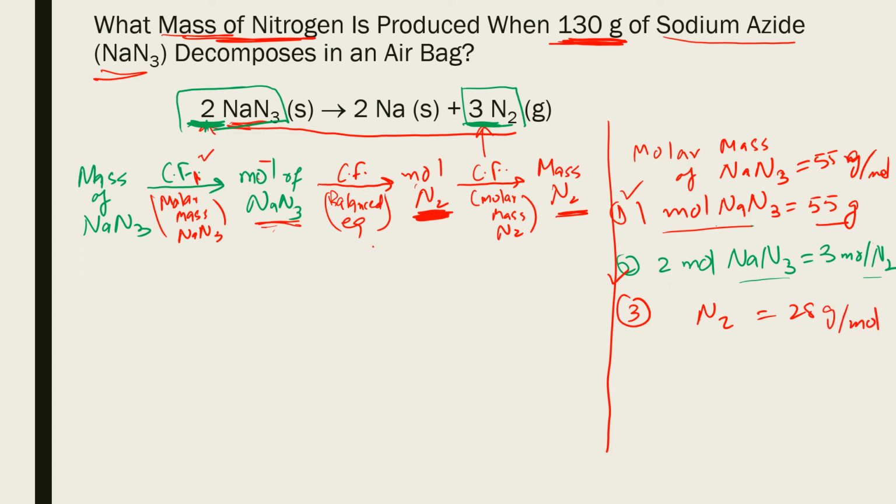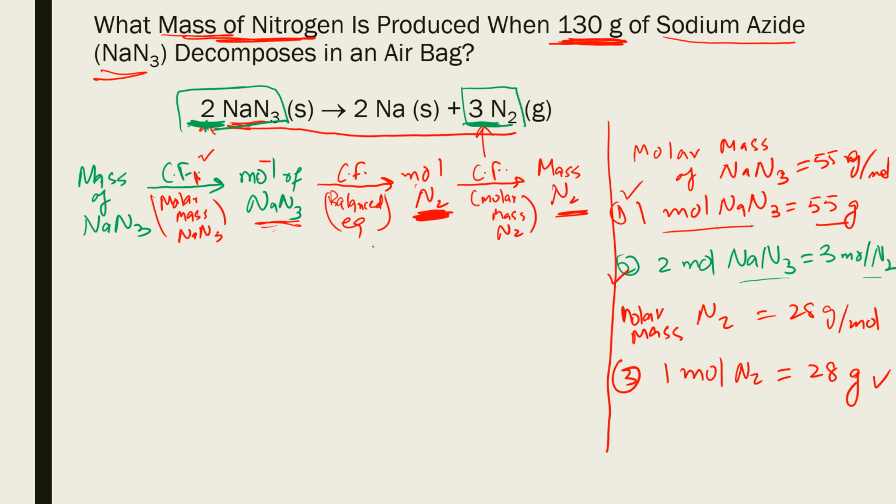So the relationship is 1 mole nitrogen equals 28 grams. That's the third relationship.